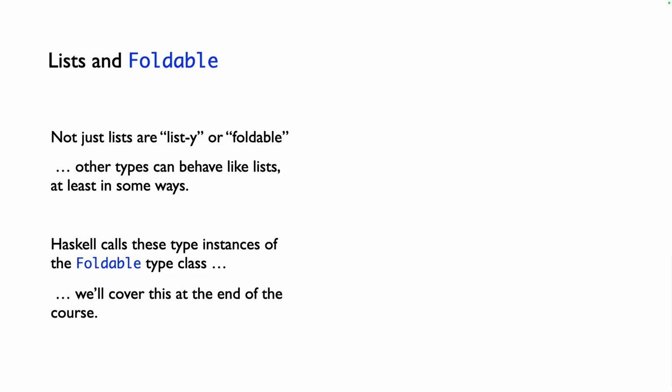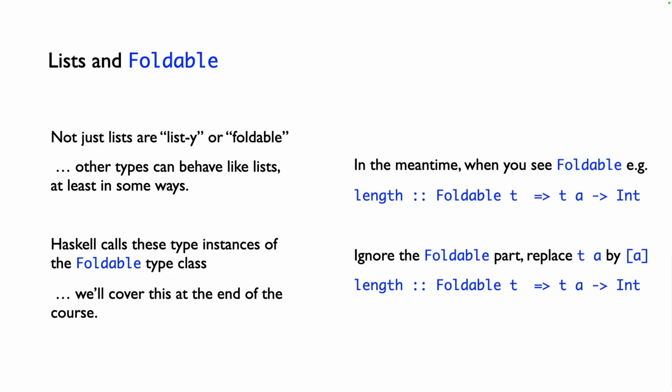I'm not going to talk about this until right at the end of the course, but the reason you come up against it is because if you ask GHC for the type of length, it will say, oh, it's Foldable t, fat arrow, t a arrow Int, which is telling you something about the type class mechanism. What I would recommend you do in those situations, ignore the Foldable t part and replace the t a by list of a, and you will see this is a correct type for length.